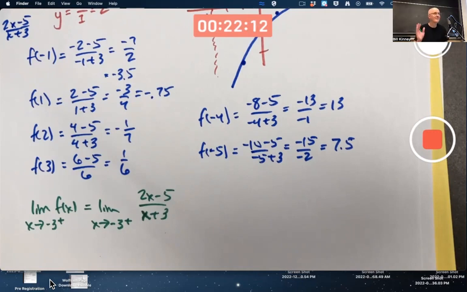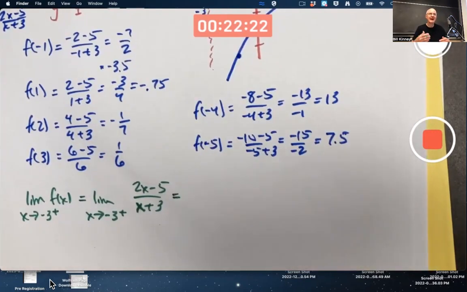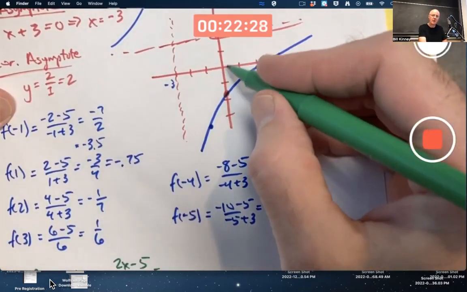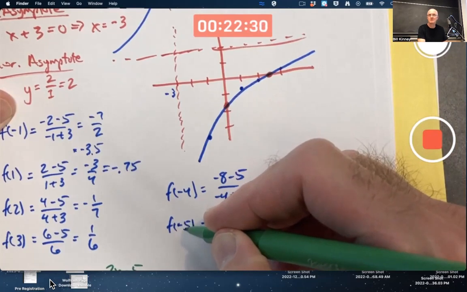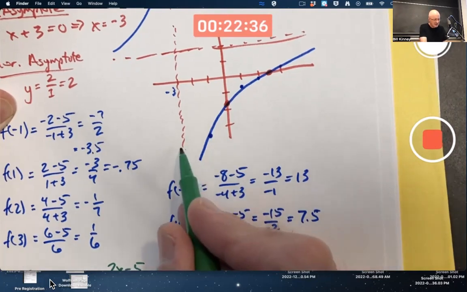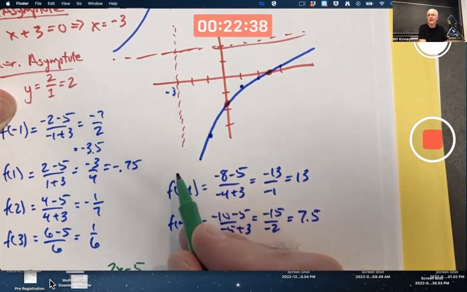I've said this already: infinity and minus infinity are not numbers in this class, but when you write them in these kinds of equations, they do represent ideas. In this case, the idea, it seems from the evidence here, of going down forever and ever, getting below any horizontal line, no matter how low it is, by getting close enough to -3 without actually equaling it.